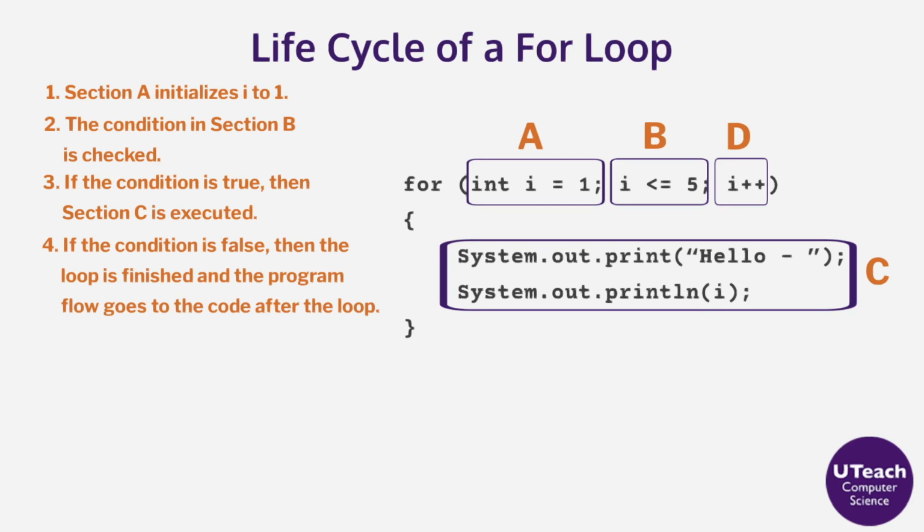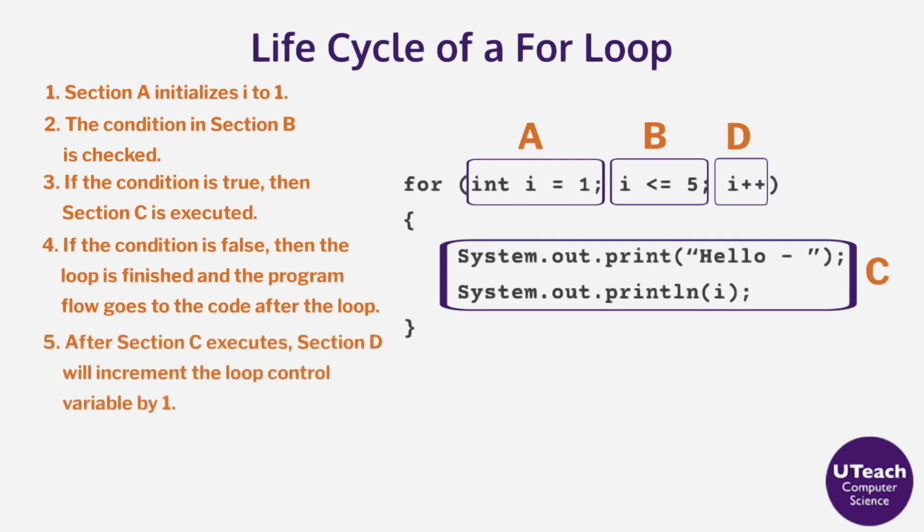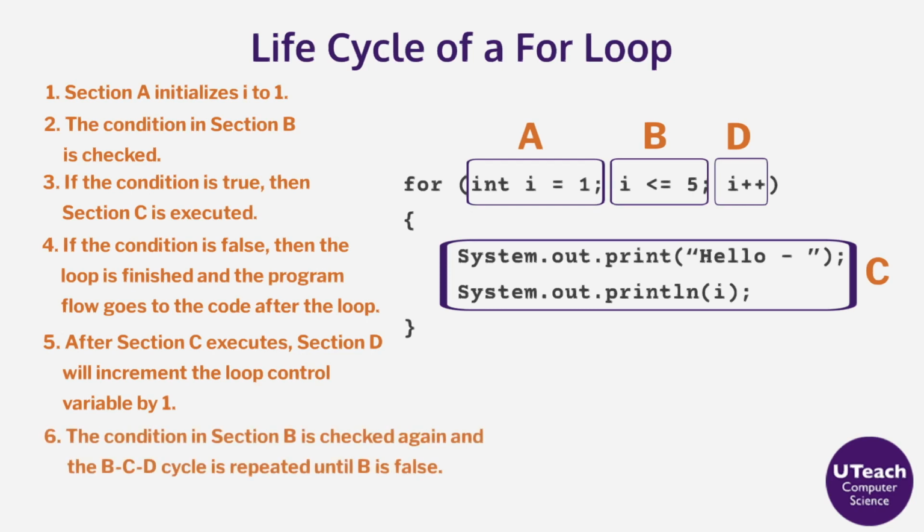If the condition is false, then the loop is finished and the program flow goes to the code after the loop. Step 5. After Section C executes, Section D will increment the loop control variable by 1. Step 6. The condition in Section B is checked again and the B, C, D cycle is repeated until B is false.